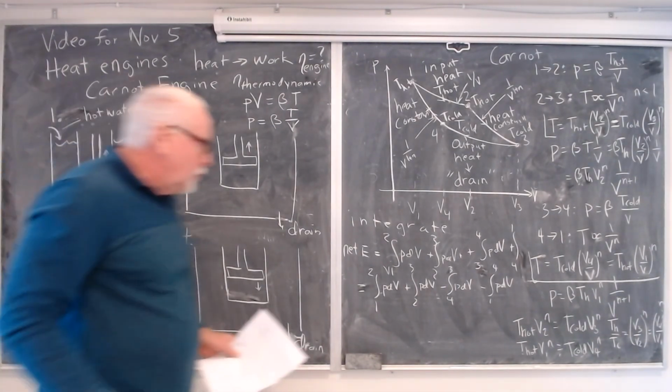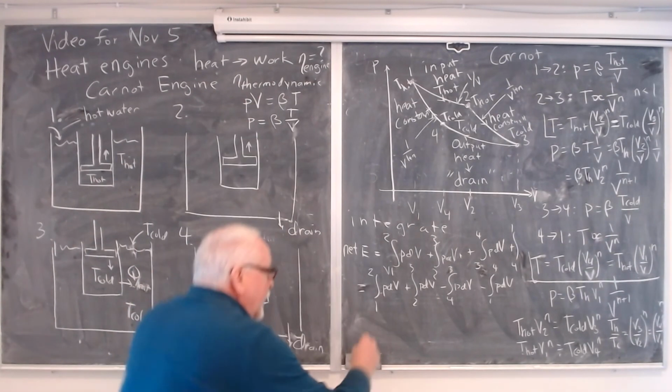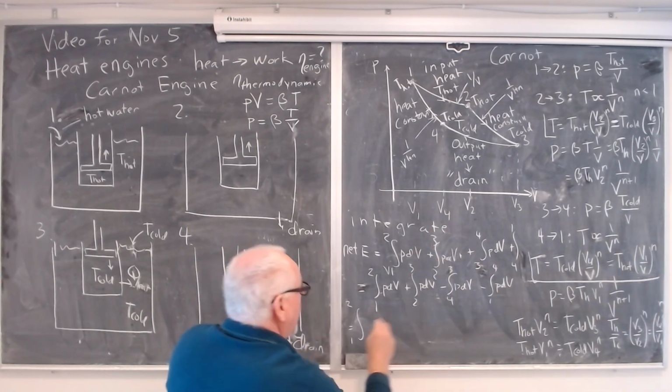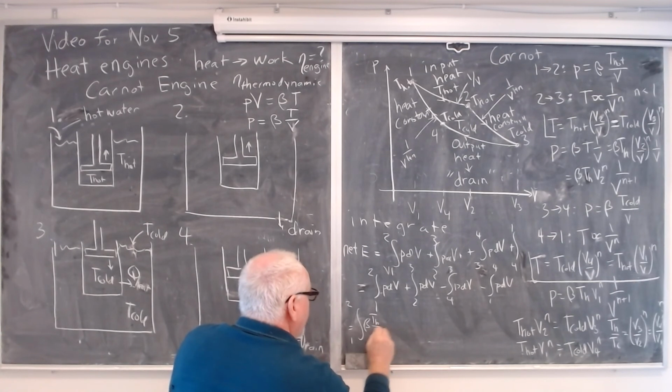And we can enter all those. From 1 to 2, it's beta T hot over V dV.